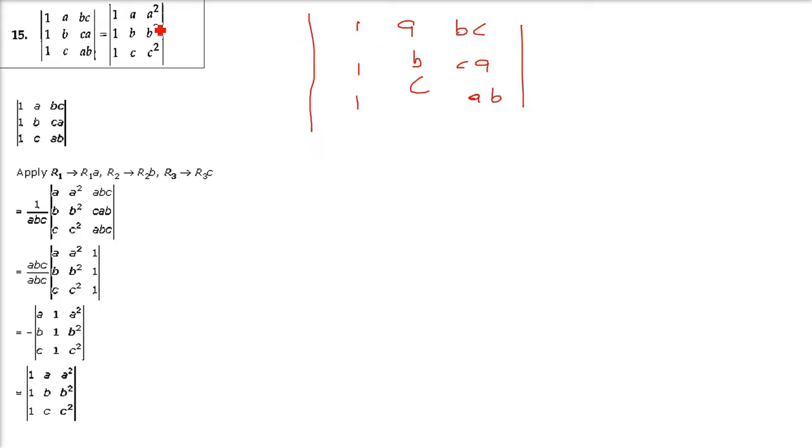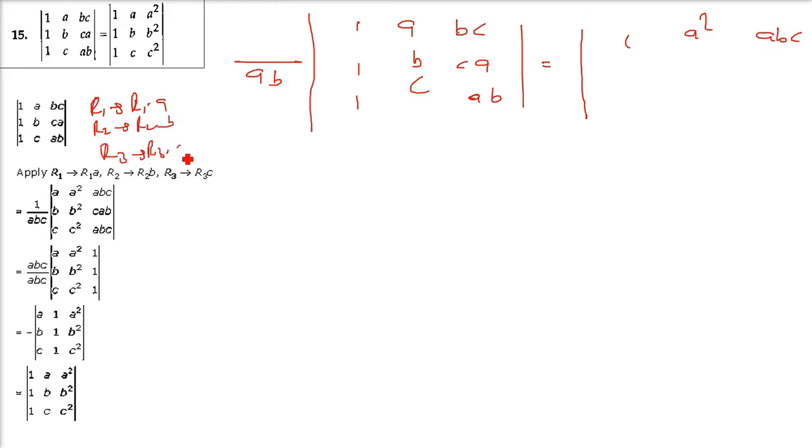So you will get a squared and you will get abc also, that you can take common. Since we are introducing some element, we need to take abc in the denominator so that they cancel out.